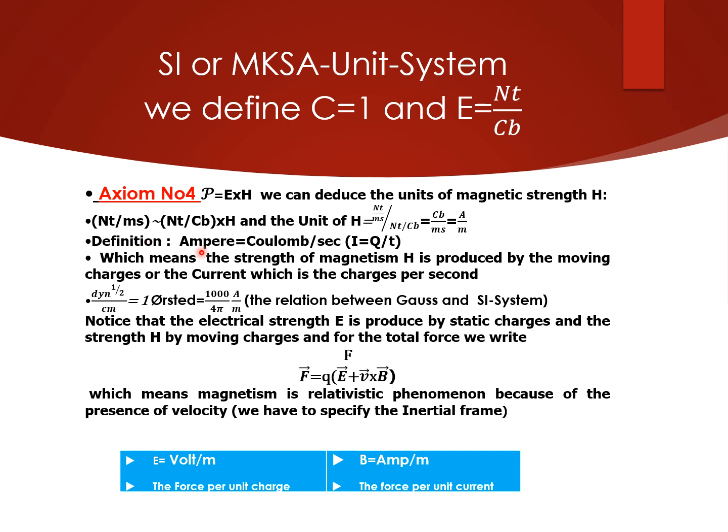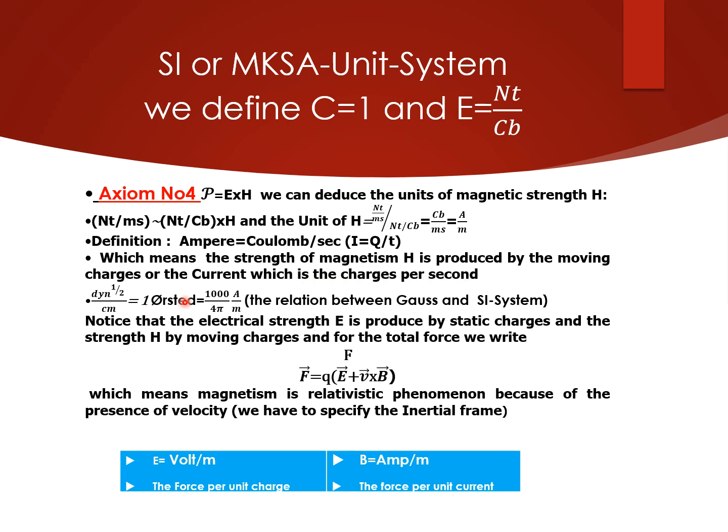And by definition, ampere is Coulomb over second, which means the strength of magnetism capital H is produced by the moving charge or the current, which is the charges per second.